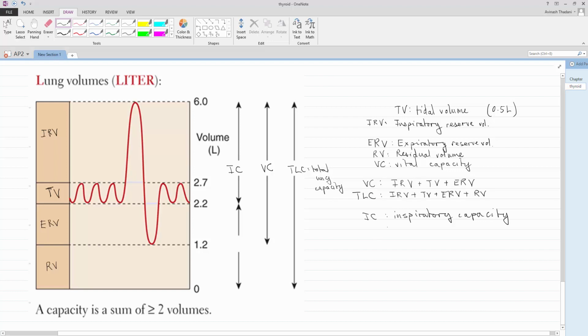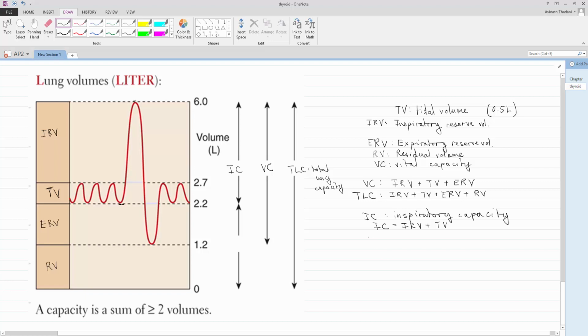Inspiratory capacity is just IRV, inspiratory reserve volume, plus tidal volume. So that's the maximum amount of air that you can inhale, right? So it goes from here to here. Usually we just inhale this amount from here to here. That's for tidal volume.